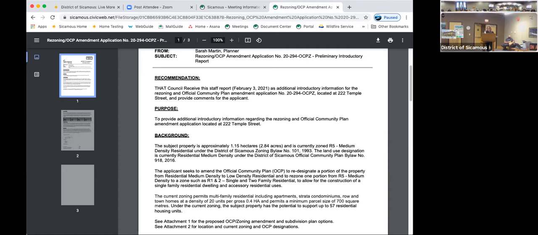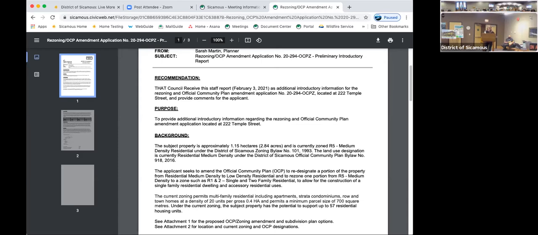The property is currently zoned R5, medium density residential, which is consistent with the OCP designation. Surrounding R1 and R2 zone properties are designated for higher densities by the OCP, mostly high density and one lot medium density.